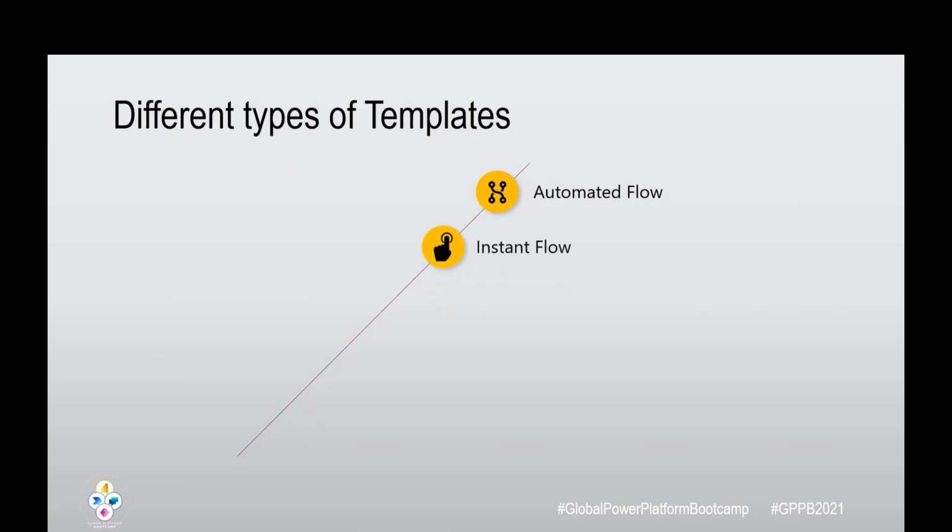The next is instant flow. So what is instant flow? Instant flows are very much used and most popular, triggering instantly, like clicking a button, something like a mouse button. There are actions provided for a mobile button. There is a flow button for mobile.